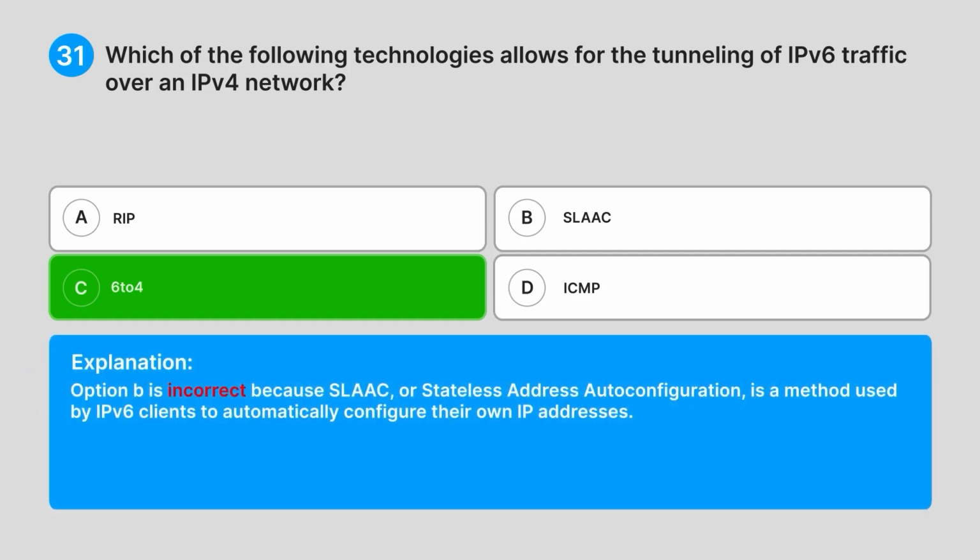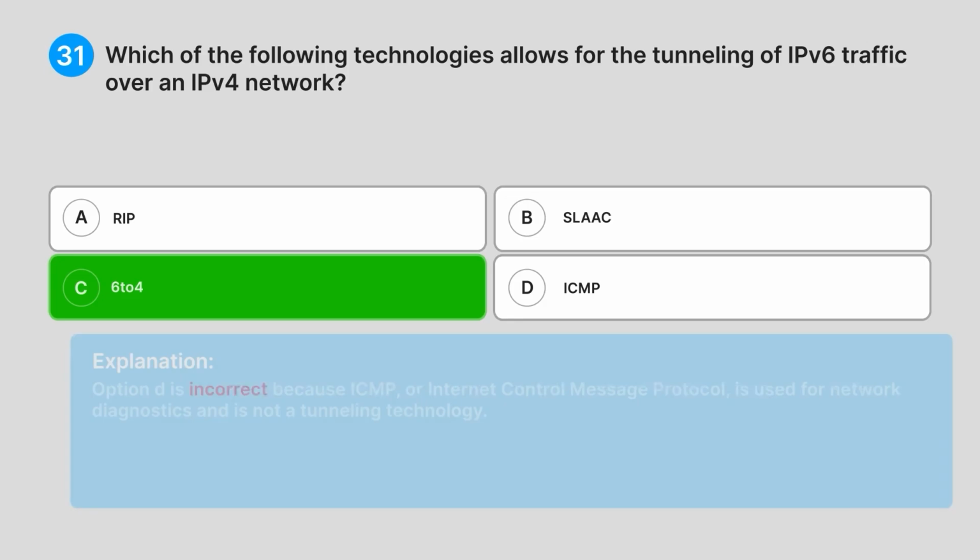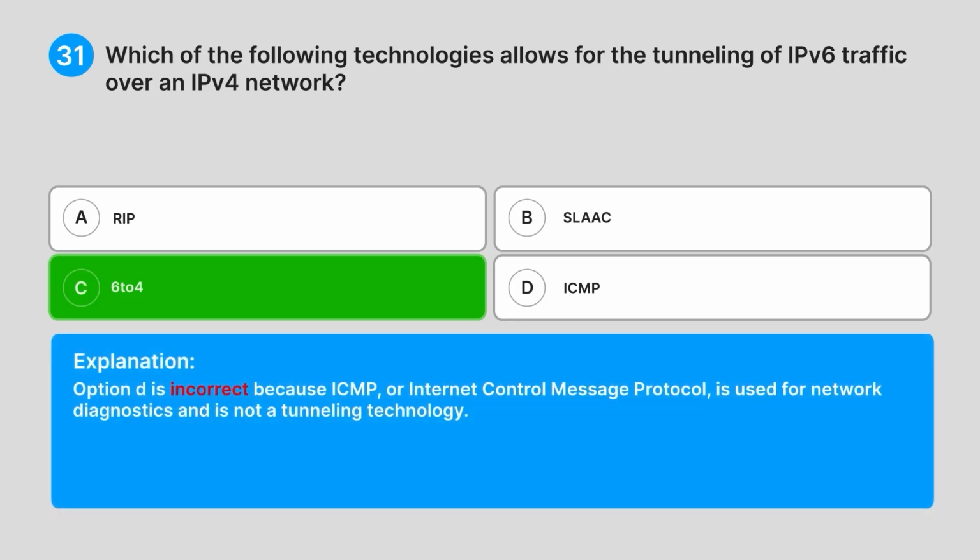Option B is incorrect because SLAAC, or Stateless Address Auto-Configuration, is a method used by IPv6 clients to automatically configure their own IP addresses. Option D is incorrect because ICMP, or Internet Control Message Protocol, is used for network diagnostics and is not a tunneling technology.